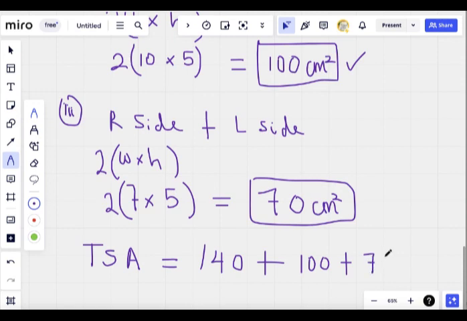So we add these three together, we get the total surface area. Remember, this one is for top and bottom, this one is for front side and the back side, and this one is for the two sides, the left and the right sides.